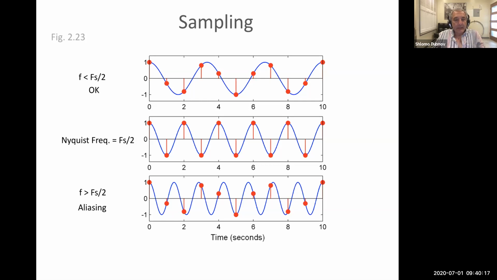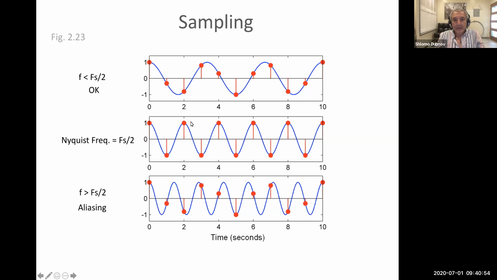So the theory of sampling tells us that this is the maximal frequency that you can then recover from the samples. And this is called the Nyquist frequency. As I said, because you need 2 samples per physical waveform period, the Nyquist frequency, the highest frequency you can reconstruct in the real, analog world, is half of the frequency of these samples.